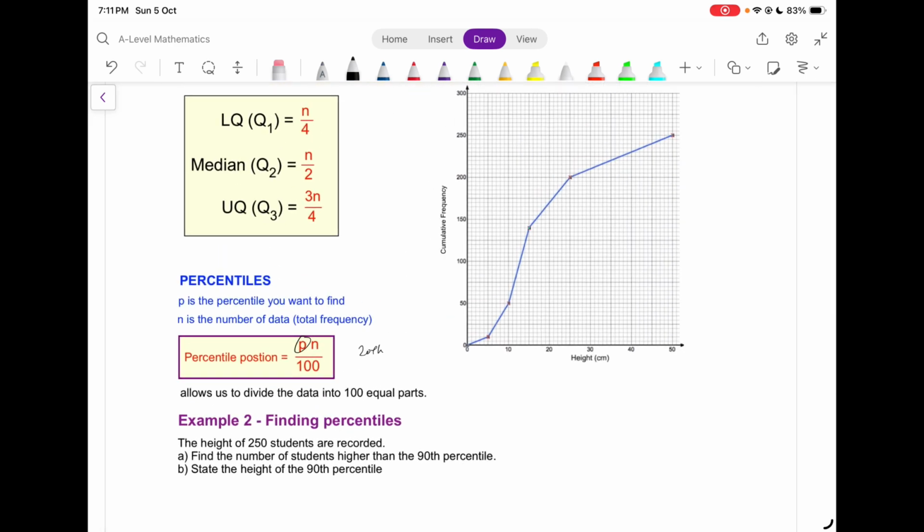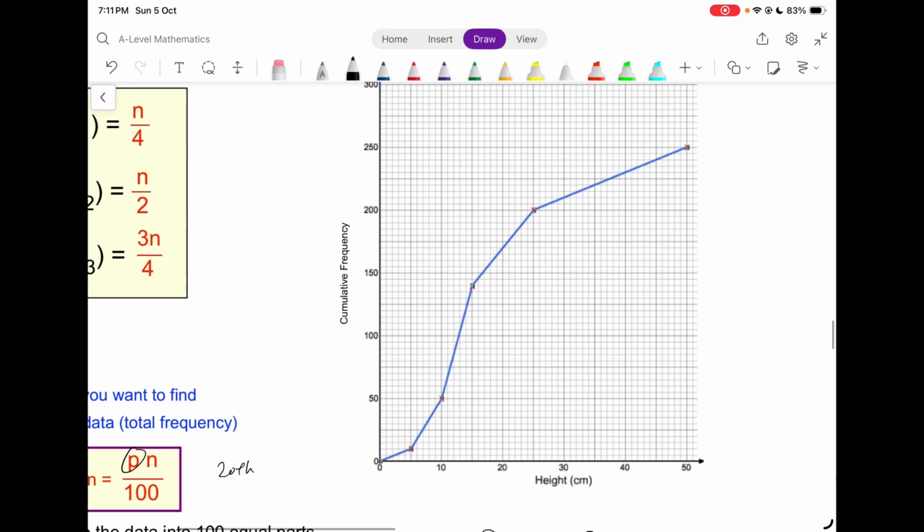Let's give it a go. State the number of students higher than the 90th percentile. So what is the 90th percentile here? 250 times 90%, which is approximately 225, and it's here.